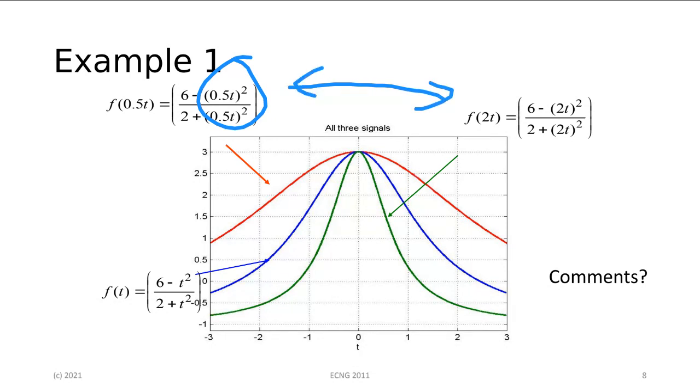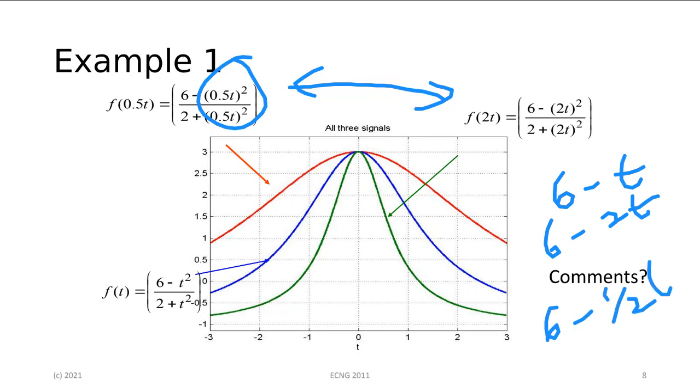If it was 6 minus t, for instance, and you replace it with 6 minus 2t, or 6 minus 0.5t, those variations would have been proportional because t is linear, but t squared is not. Okay, thanks.